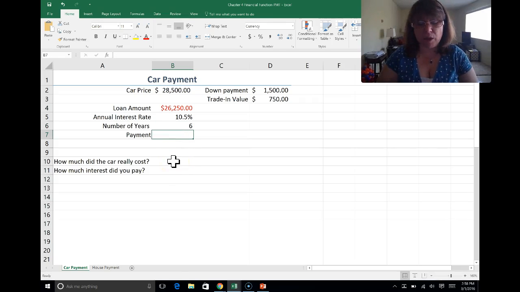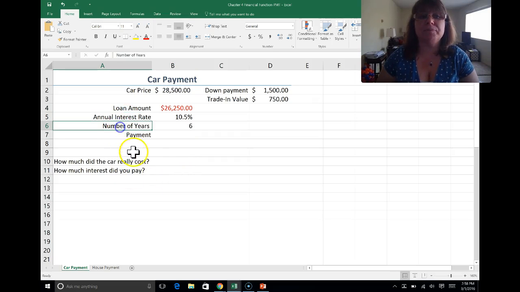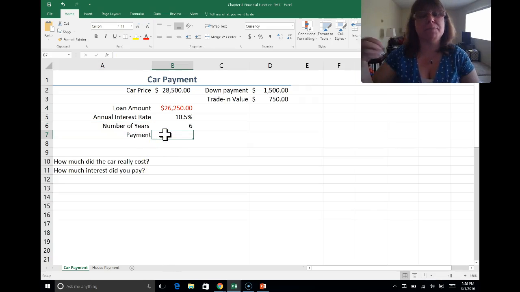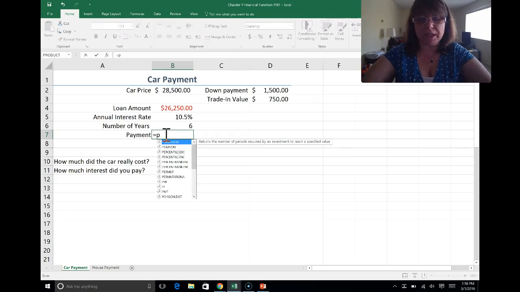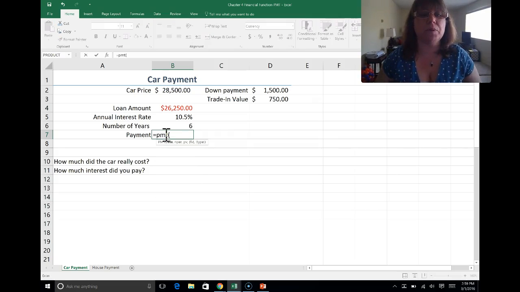Now I need to think about one thing. When do I make a payment? Well, I would make a payment every month, but we're dealing with annual interest rate and number of years. So I need to be very careful about putting in my PMT formula the information correctly. So I'm going to start it off with equal PMT, open parentheses.